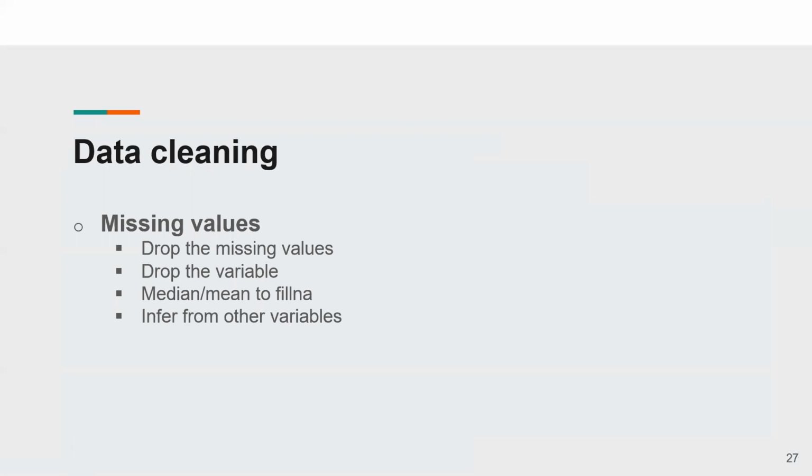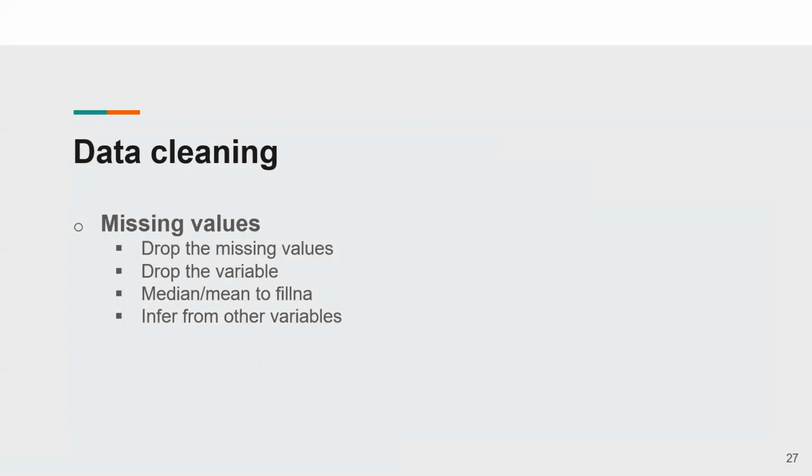I also want to mention the data cleaning step, which is essential for the data preparation. Let's think about the first one. What if you have missing values? You can do a couple of things. You could drop the missing values. You could potentially just drop the variable rather than only those observations.